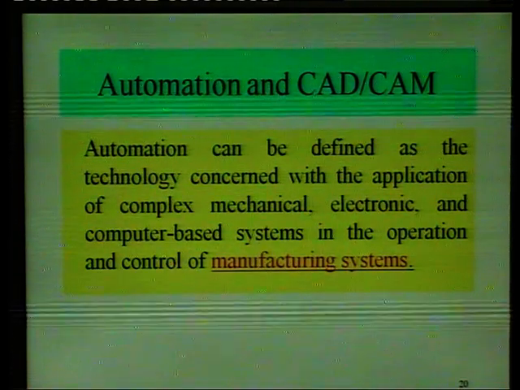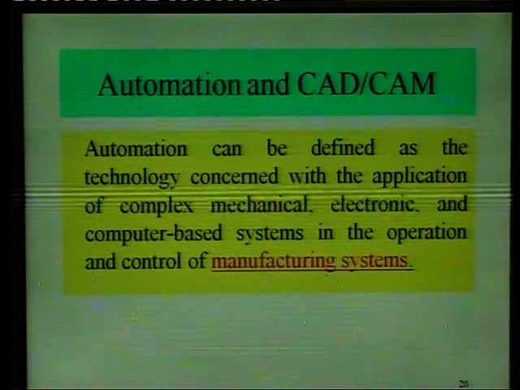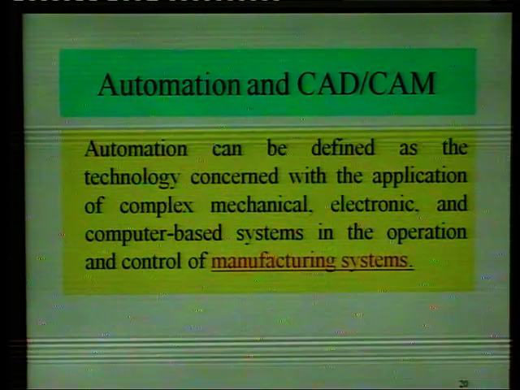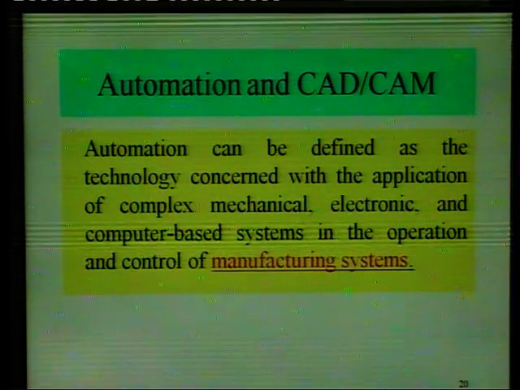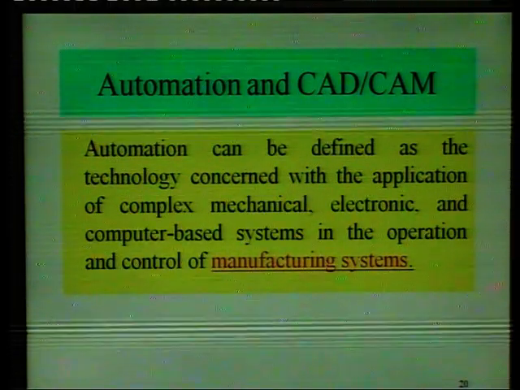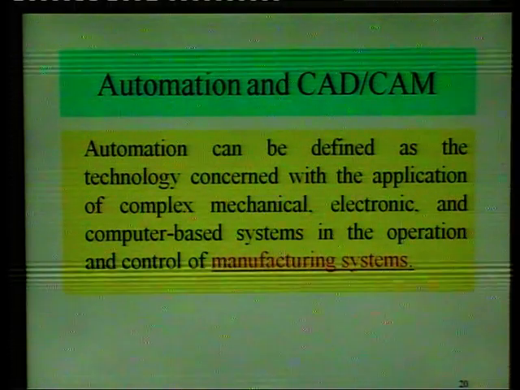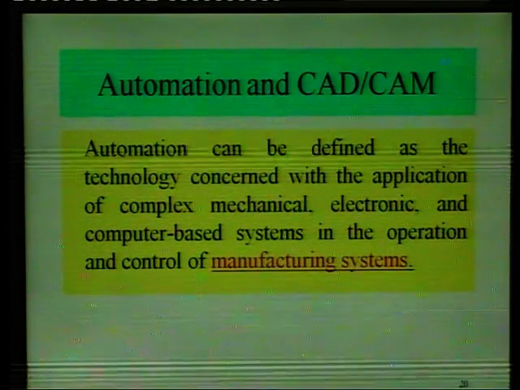Therefore, by making a machine automatic, we are making it free from human intervention. It will work on its own, which may lead to more accuracy and higher quality of the product.